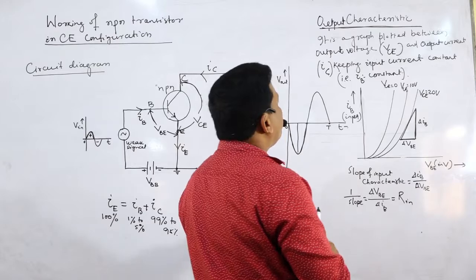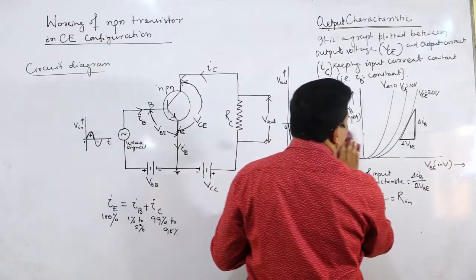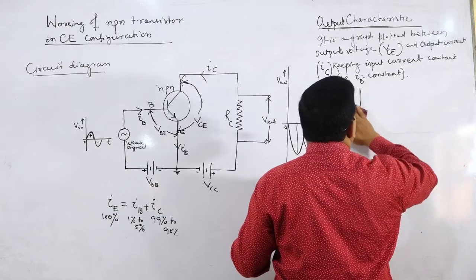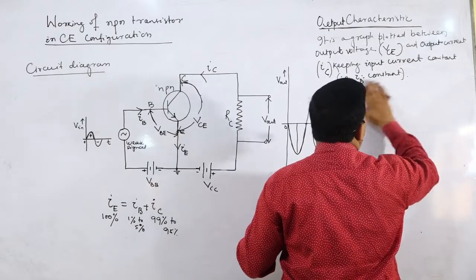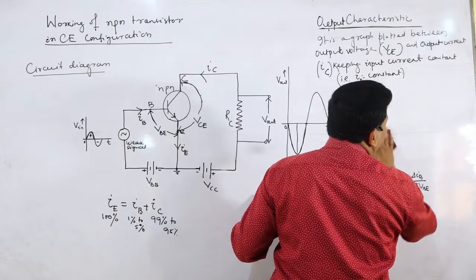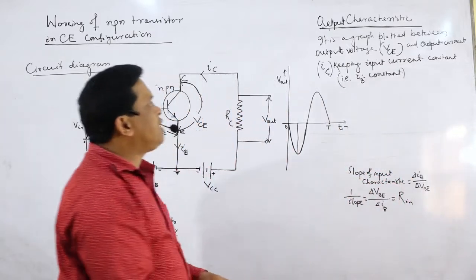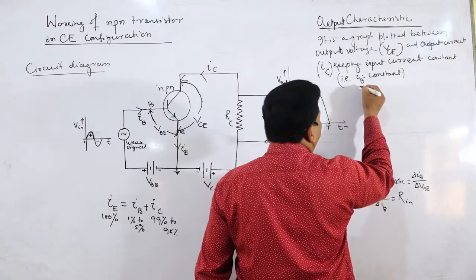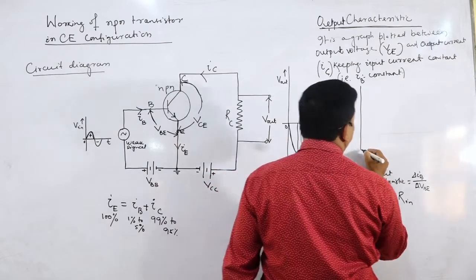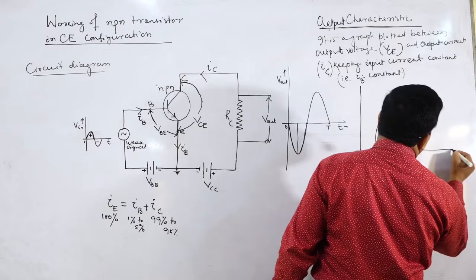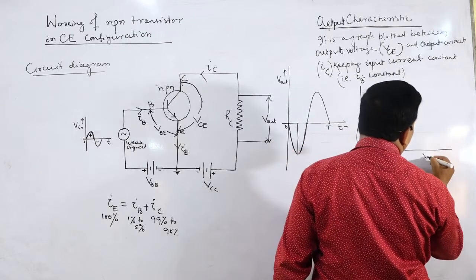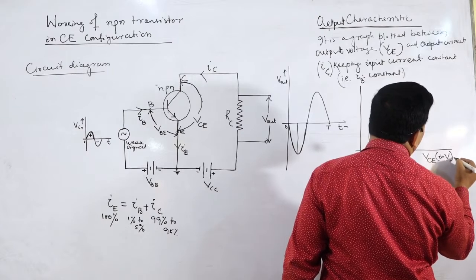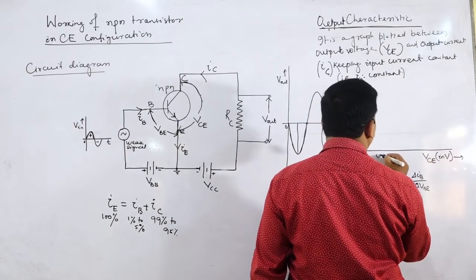So look here, by keeping the base current constant, if we plot a graph between the output voltage and the output current, that graph will be known as output characteristic. So let us draw the output characteristic. Along the x-axis we take output voltage VCE in volt.